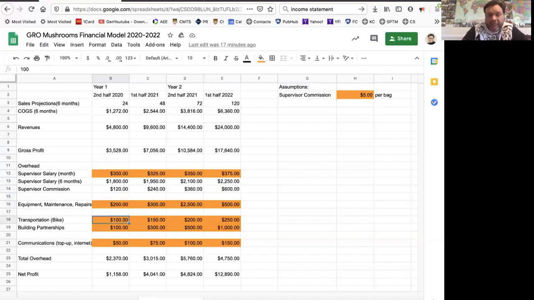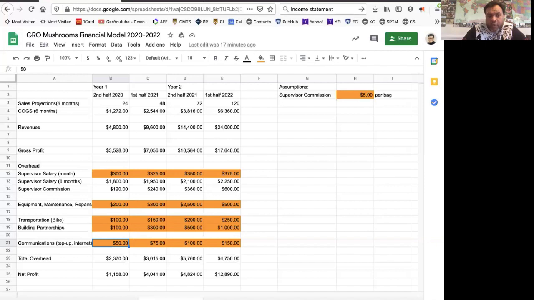We need some money for transportation, for the supervisor to get around, to get the supplies needed to manufacture mushrooms, or to build new partnerships, to sell the mushrooms, or whatever else. So you have $100 for transportation. We have $100 set aside to buy some tea and sodas and beers for people as we are trying to build these relationships and sell our mushrooms. And finally, we have set aside $50 for communications.